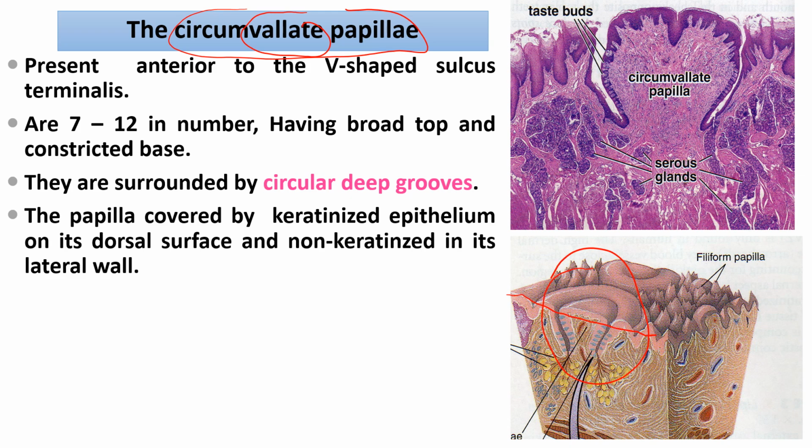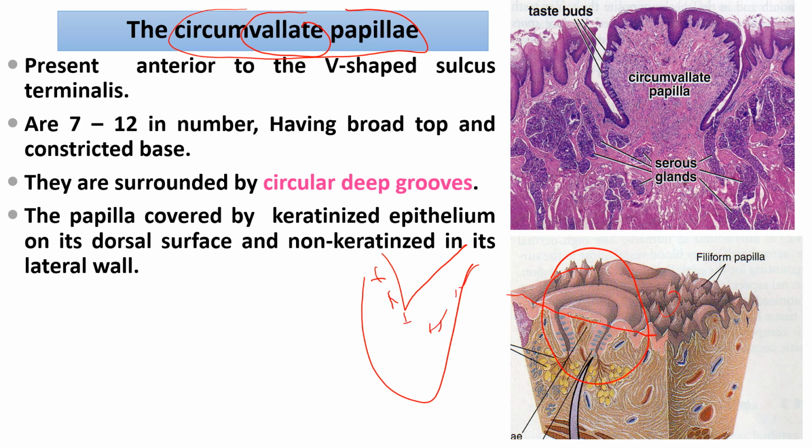The filiform papillae project upward, but this papilla's tip is at the surface of the tongue. It is present along the border of the anterior two-thirds of the tongue, anterior to the V-shaped sulcus.